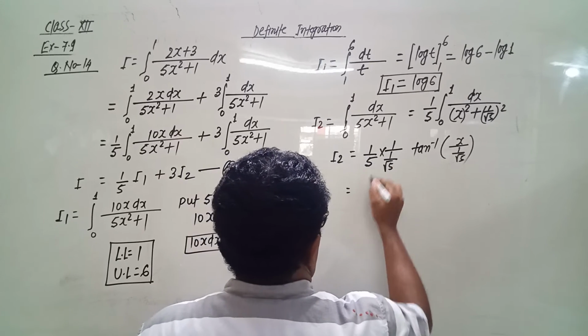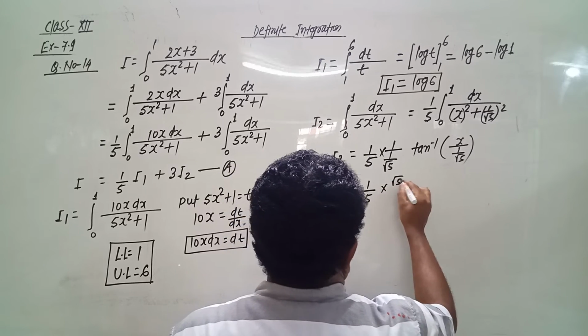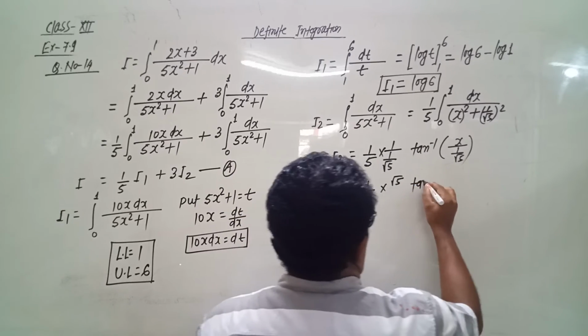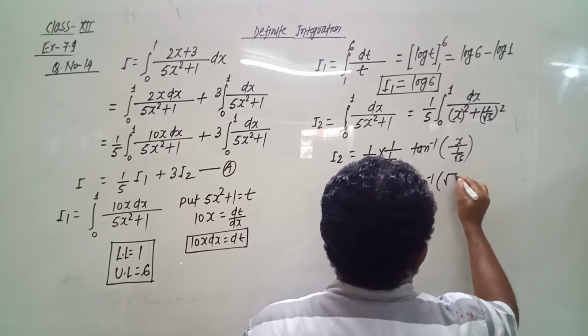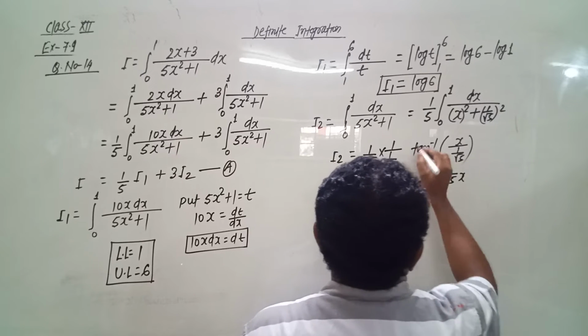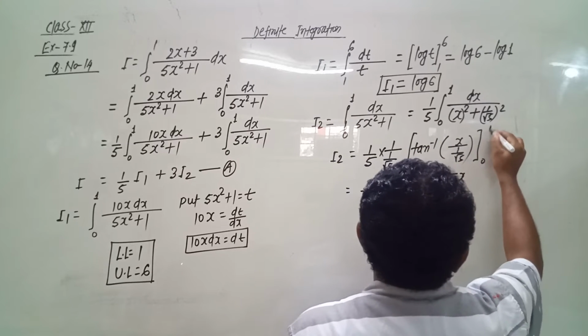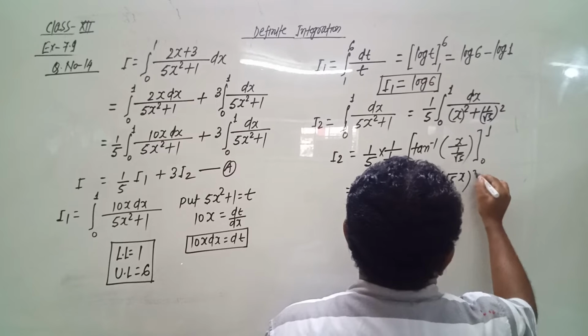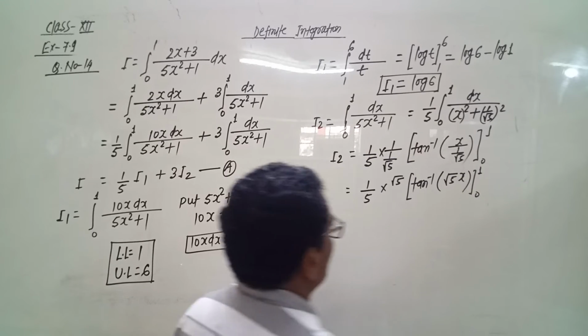So this becomes 1 by 5 into root 5 and tan inverse root 5x. Here we also put the limit 0 to 1, so root 5x with limit 0 to 1.